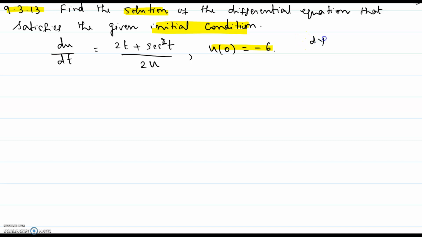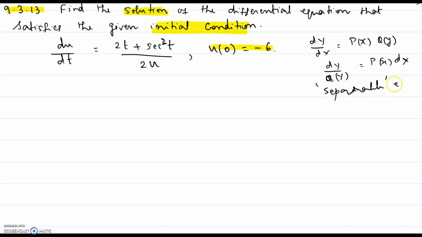If you have an equation of the type dy by dx equal to a function of x times a function of y, where we can separate the variables, dy over q(y) equal to p(x) dx, so you are able to isolate all the y's to one side, all the x's to one side, then it's called a separable differential equation.